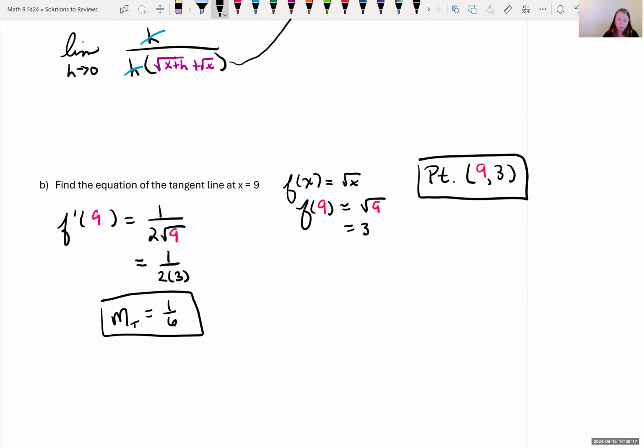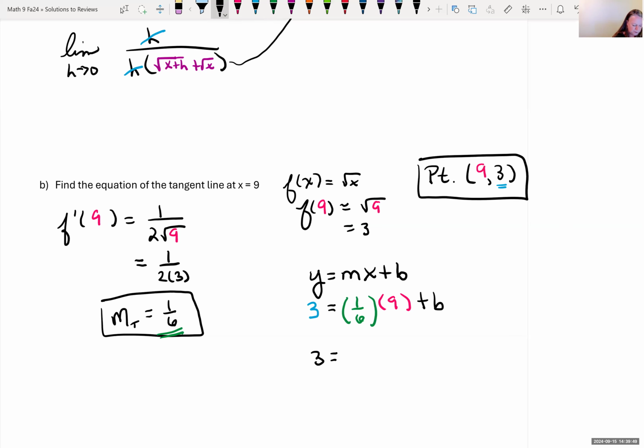So you can use your point-slope formula, and I tend to use my slope-intercept form to find my intercept. I know a point: y is 3, is equal to my slope, which I have here as 1/6, times x, when y is 3, which is 9, plus b.